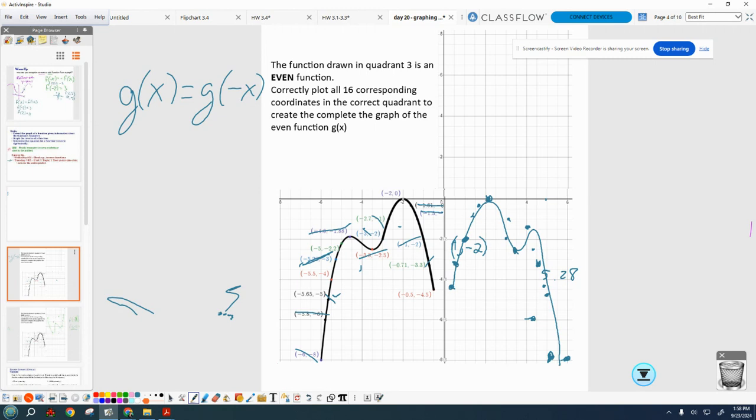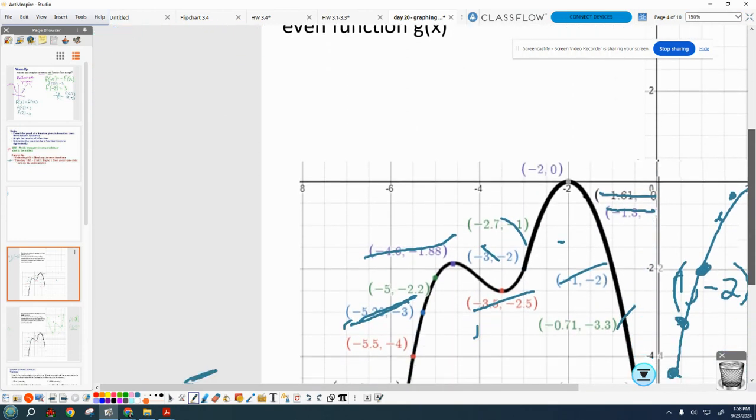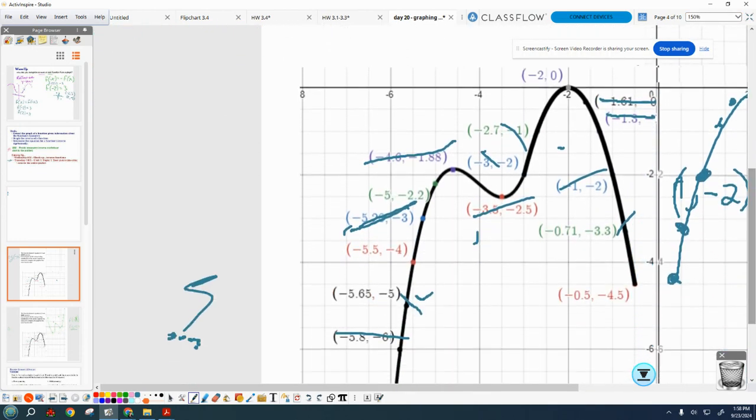There are some issues, but the point of it is to plot the other side. You plot that point: positive 0.71, negative 3.3. Positive 0.5, negative 4.5. Positive 5.65, negative 5. The x value changes sign, the y value stays the same. Okay?